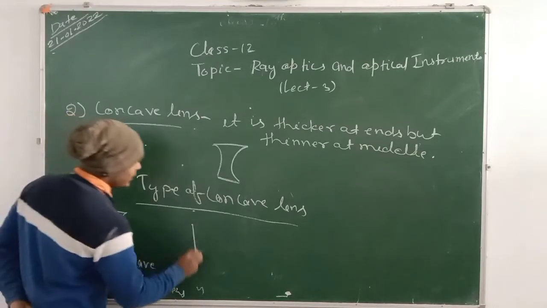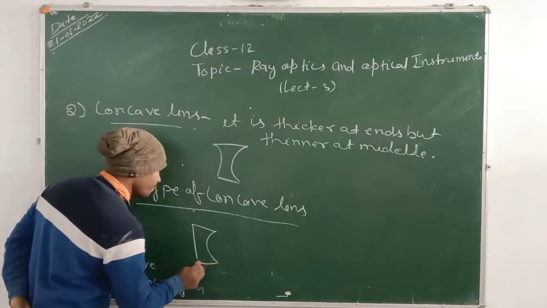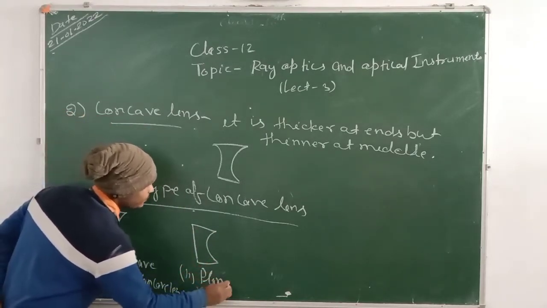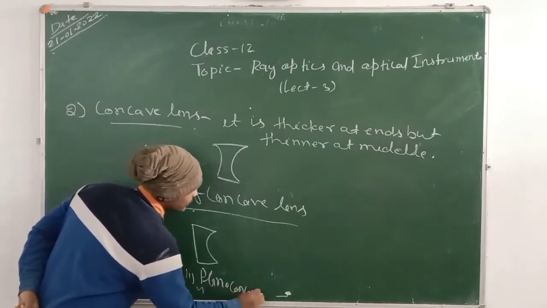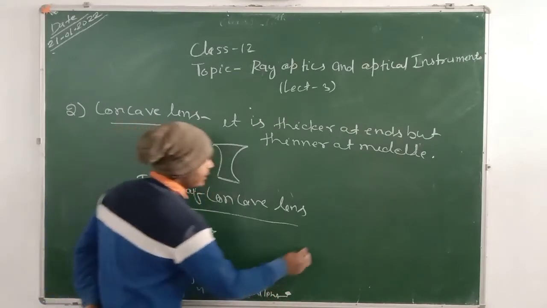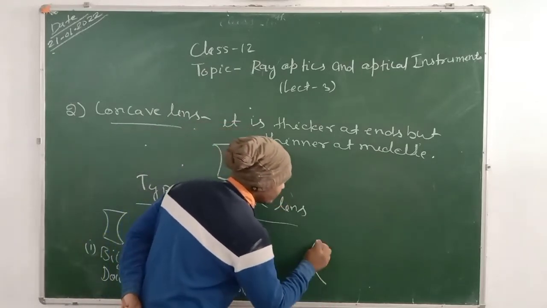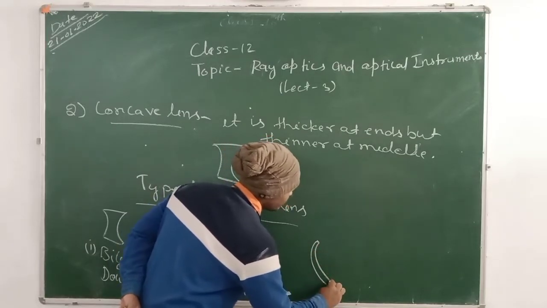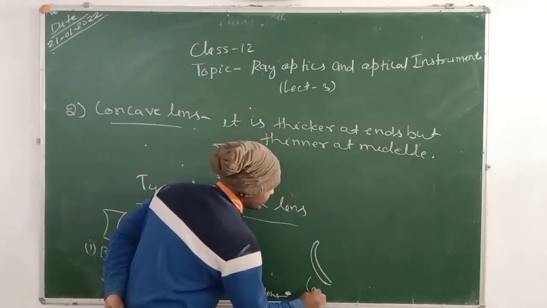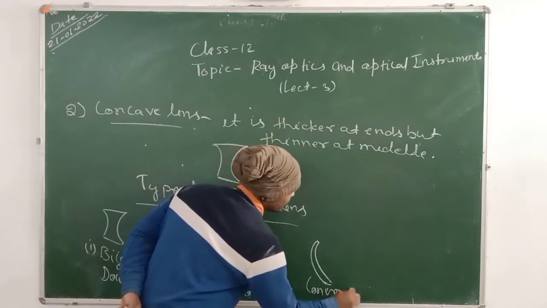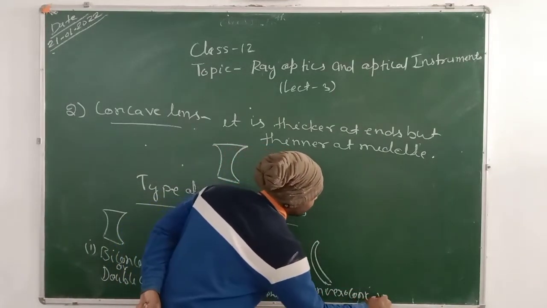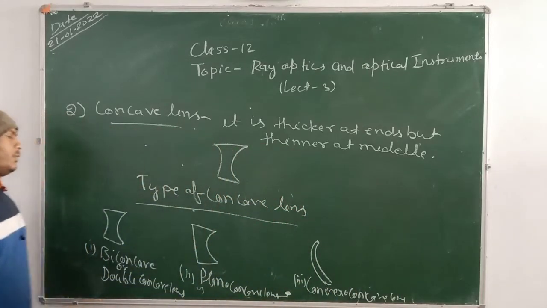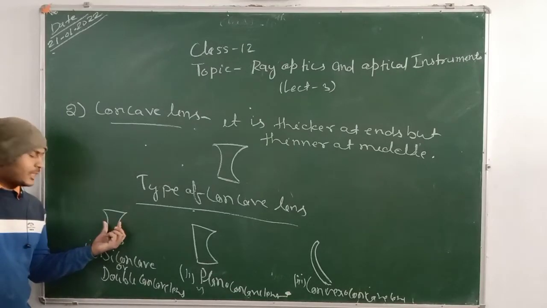And second one is the plano-concave lens. And the third one is the convexo-concave lens. It is your third one. In this case, both the surfaces are concave.